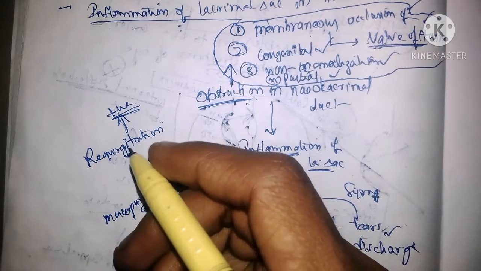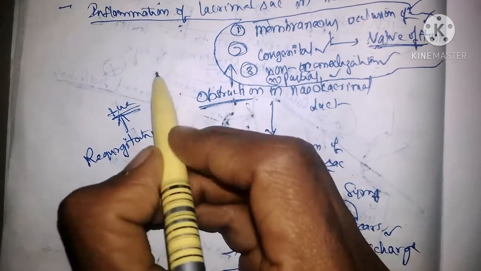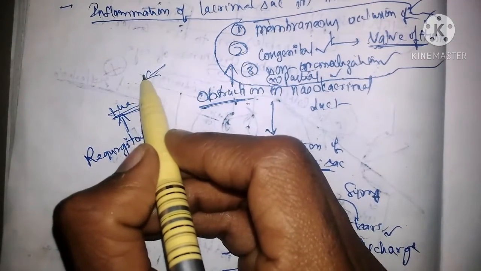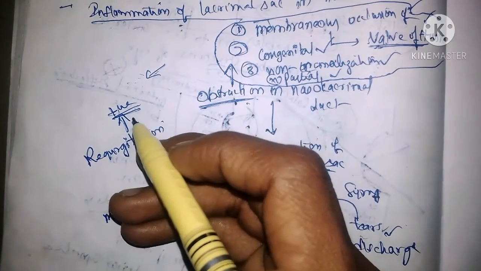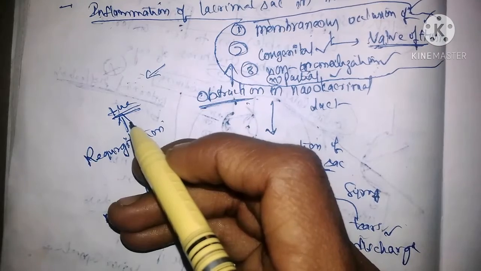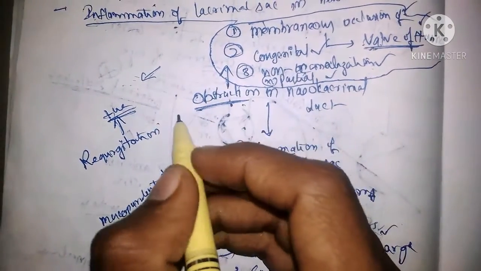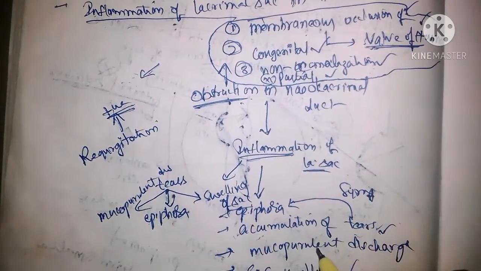The reason is, as there is accumulation of tears, when you press over the sac, whatever mucopurulent material has accumulated in the sac, you will see coming out through the puncta. Clear? And as I told you, there is swelling. So these are the signs.